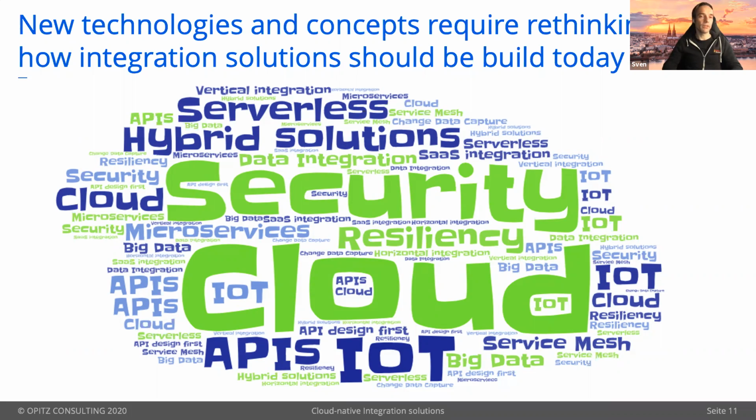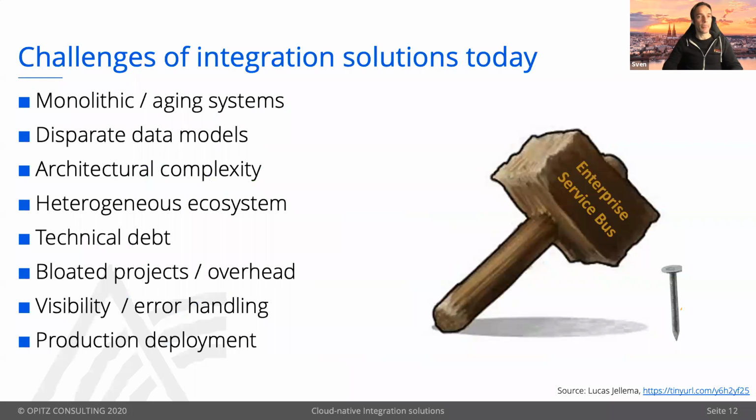And another problem with those platforms like the ESB solutions was that ESB was seen as some kind of a big hammer, and every problem looks like a nail, right?